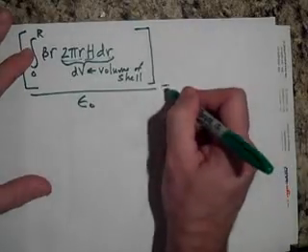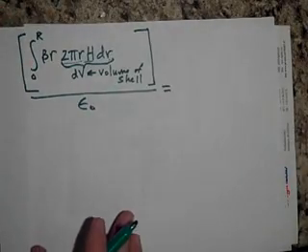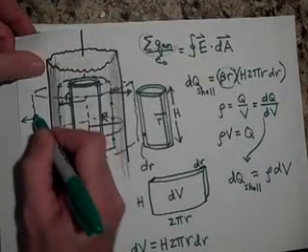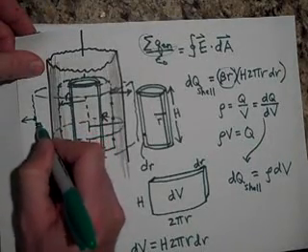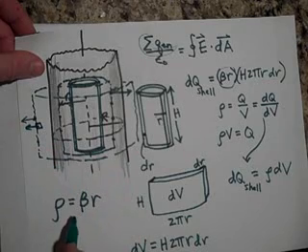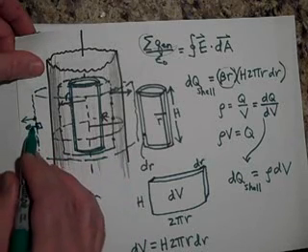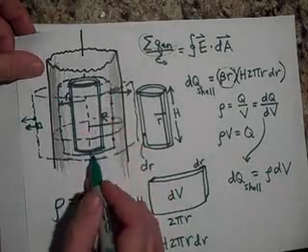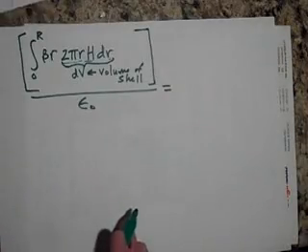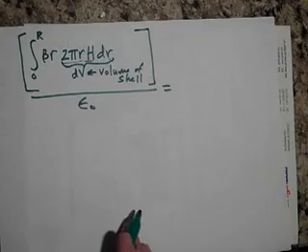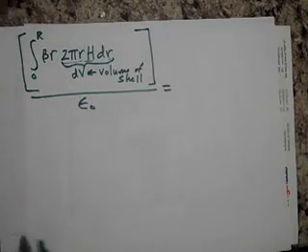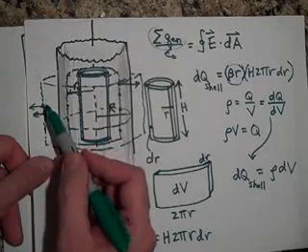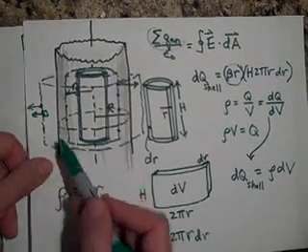And that should equal, now you can make all the arguments again for Gauss's law: here's the direction of dA, it's radially outward. And so the E and the dA are always in the same direction. There's no flux out the top and bottom. So we're left with just E times dA. And why would E be any stronger here than here than here? It's not.